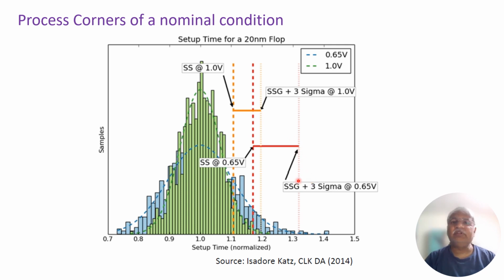You will also observe that SSG plus 3 sigma at 0.65 is far larger than SSG plus 3 sigma at 1.0. That is why the variations are more at low voltage. Hence, we need to arrive at more PVT corners as per the different voltage, temperature or other conditions.